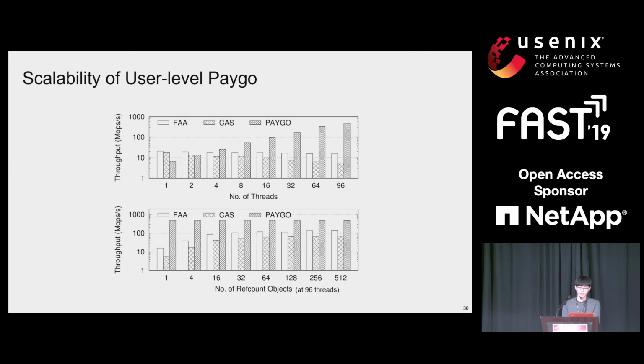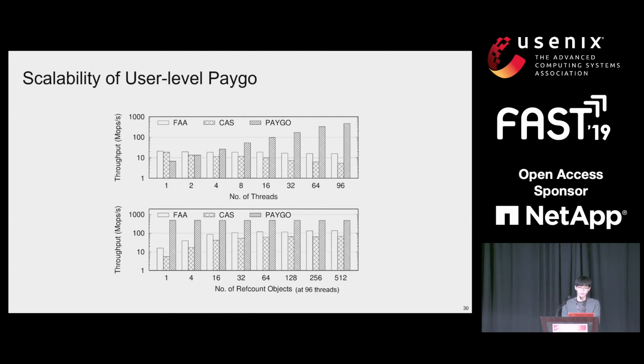Next, we evaluated the performance of user-level PayGo system calls to see their applicability. For the evaluation, we used a micro benchmark that has a varying number of threads referencing and unreferencing user-level objects repeatedly. For comparison, we implemented two methods using atomic fetch-and-add and compare-and-swap instructions.